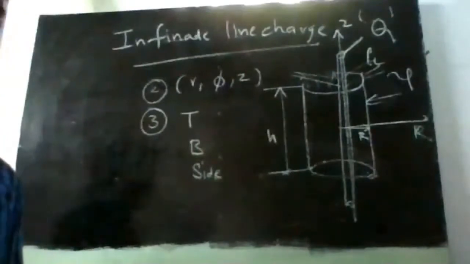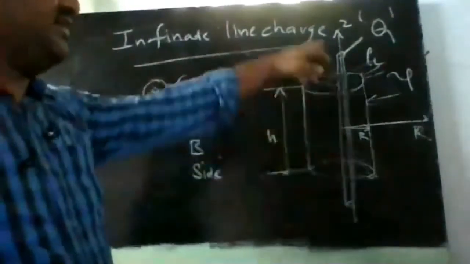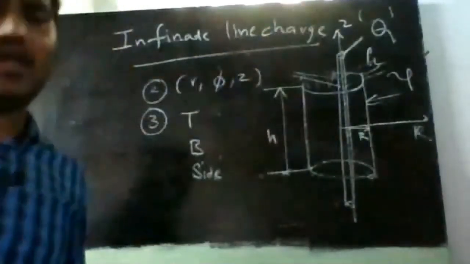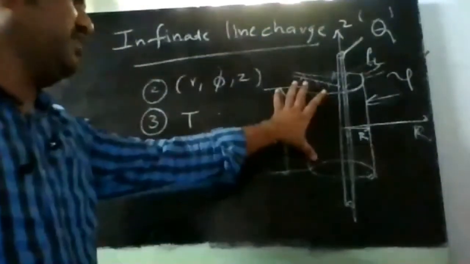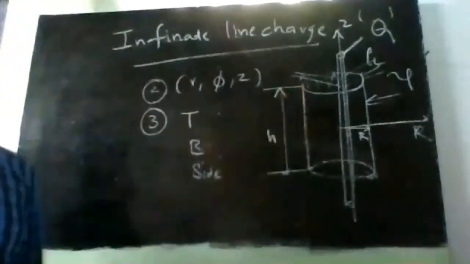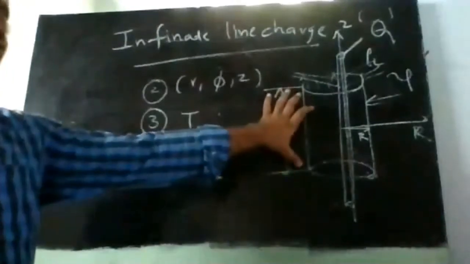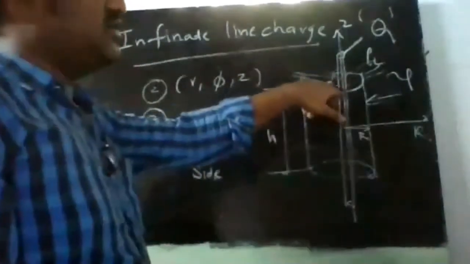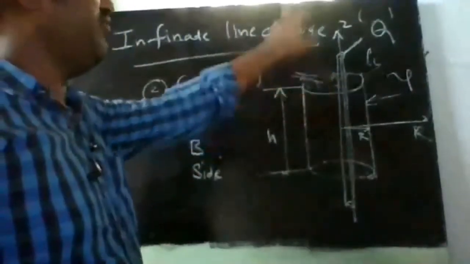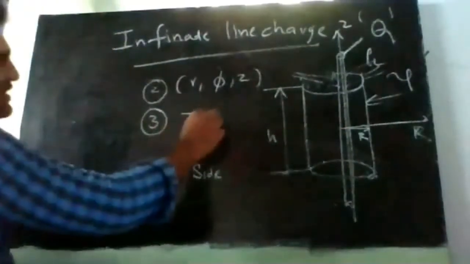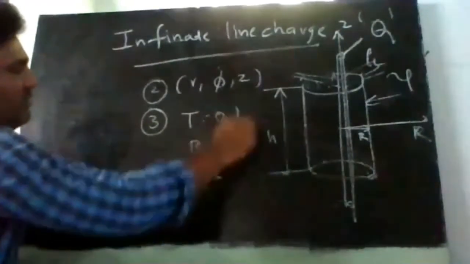So I'll repeat it again. See here, the line charge that you have considered is of infinite length. The Gaussian surface that we take is of finite height. So this Gaussian surface is not completely enclosing the infinite line charge. Therefore there is no possibility of flux coming out from the top or bottom surface. The flux coming out of top or bottom will be zero.